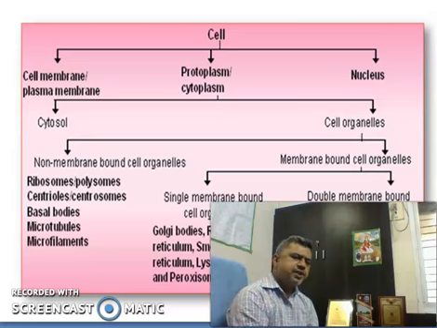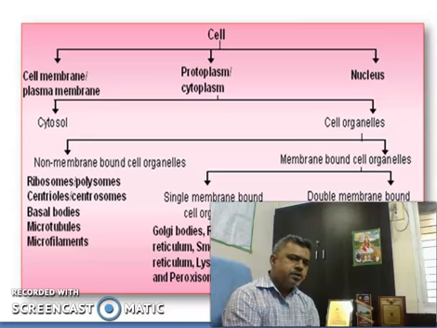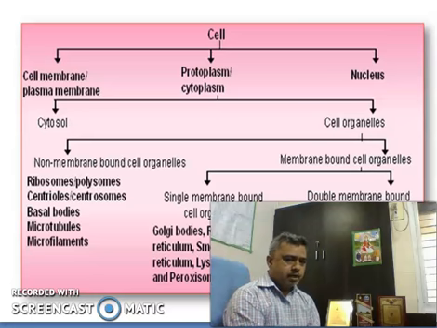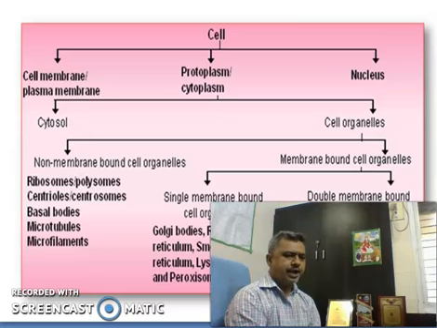So you have to understand that. Cell is, as I said, cell membrane, plasma membrane, protoplasm, cytoplasm, and nucleus. The major component, for example in protoplasm or cytoplasm, you find a cytosol and cell organelles.